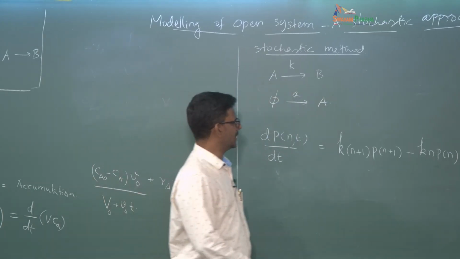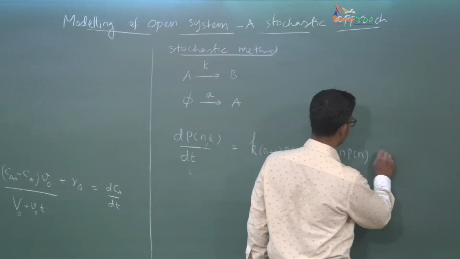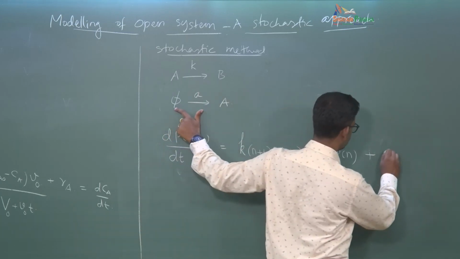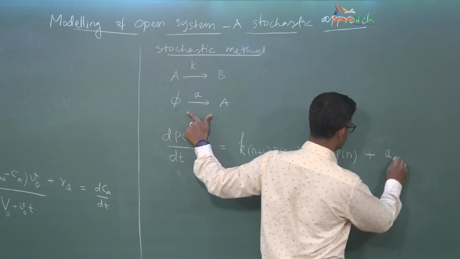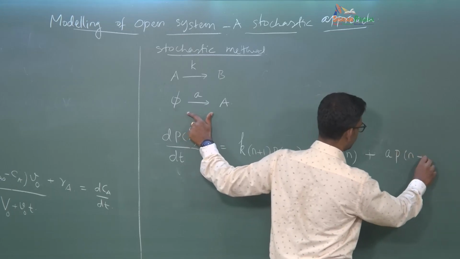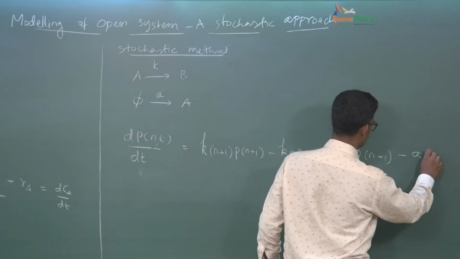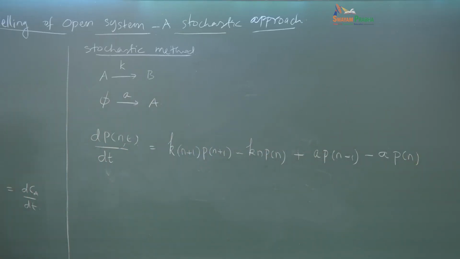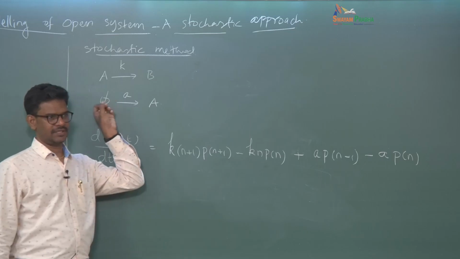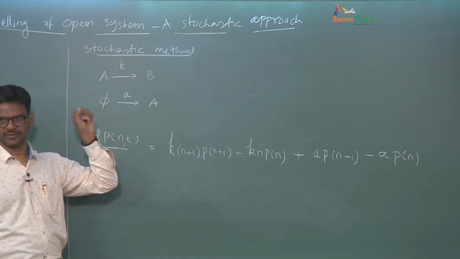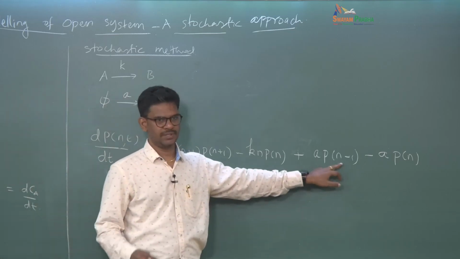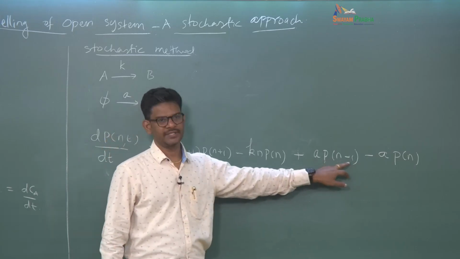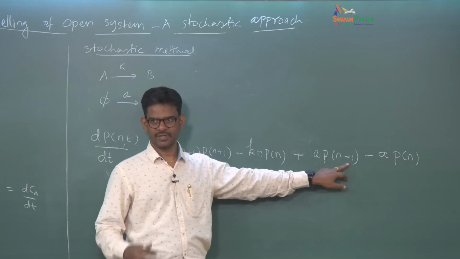Here what will happen is, when the system is at n with some constant, this will get created and it will also be destroyed by this. Here is a constant rate of addition. When the system is at n minus 1, a times P of n minus 1 will be the rate of generation of probability, because it adds one molecule.